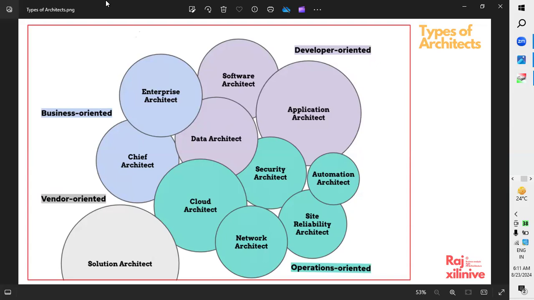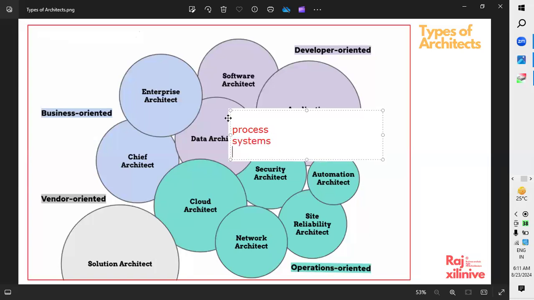There are four points we need to consider. First one, process. Second, systems, applications, and data. Four things.